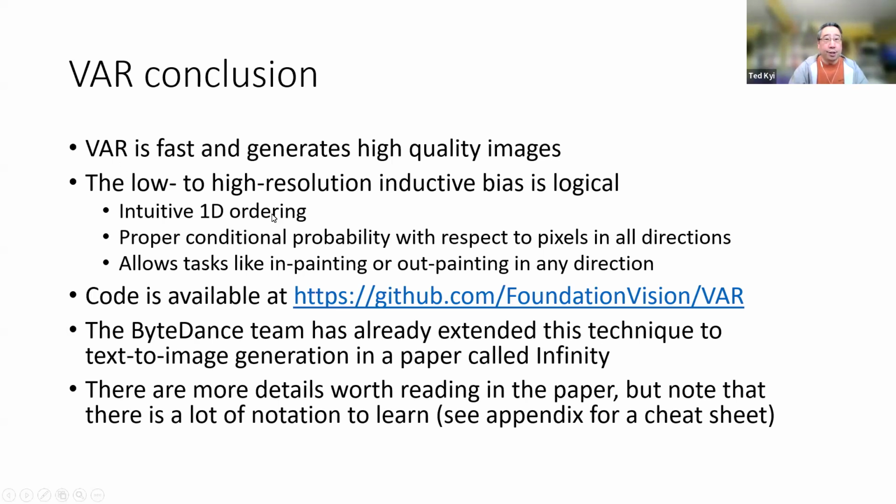So ByteDance did share the code here, and they have two follow-up papers that I've seen. Maybe there's more. They had an Infinity paper. They did video. This was just ImageNet. Now they've done text to image, which is a pretty obvious thing.